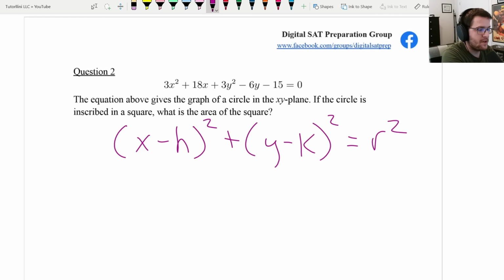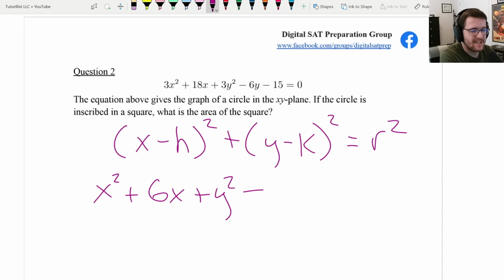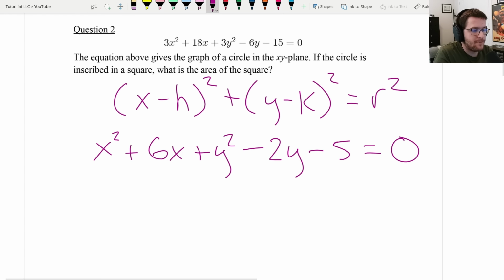So we get x squared plus 18 divided by 3, 6x, plus y squared minus 6 divided by 3 is 2, so 2y, 15 divided by 3 is 5, minus 5, 0 divided by 3 is just 0. Great, so that was the first step, make sure there's a 1 in front of the x squared and the y squared. Second step is we're going to organize the equation.